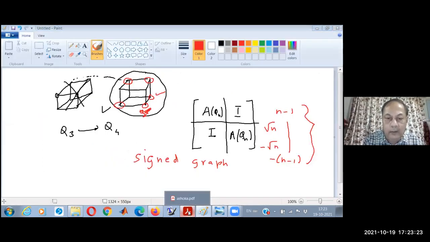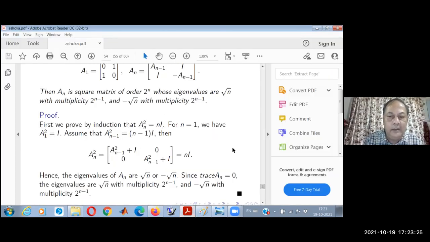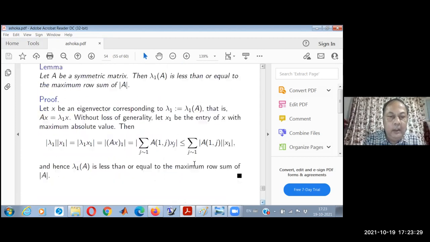Now basically what you have to do is use one small bound on the largest eigenvalue. You don't need the full Perron-Frobenius theory, but it is something like it. If you take a non-negative matrix, then the spectral radius is bounded by the largest row sum.